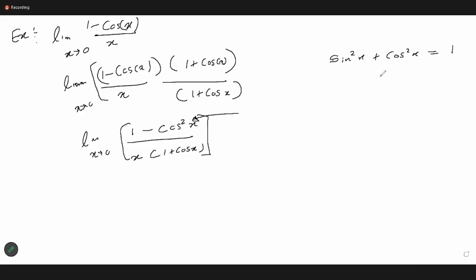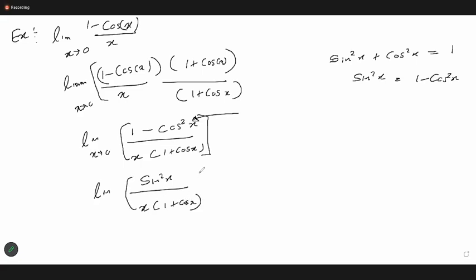Then you can see 1 minus cos squared x is equal to sin squared x. So you can write sin squared x here. Limit of sin squared x over x times (1 plus cos x).